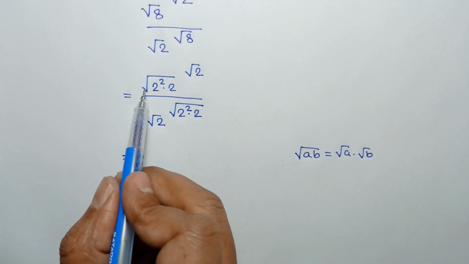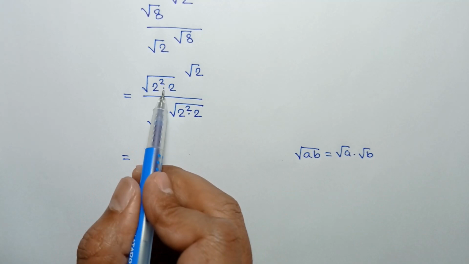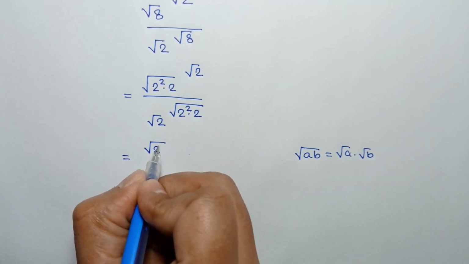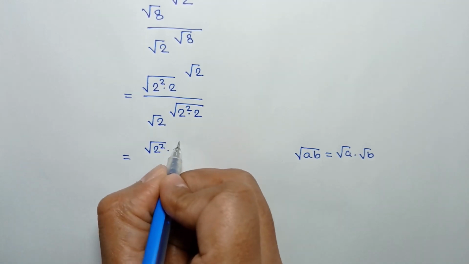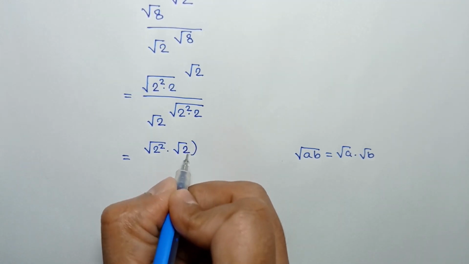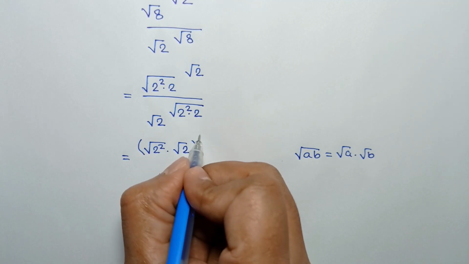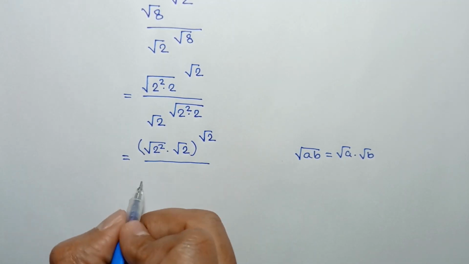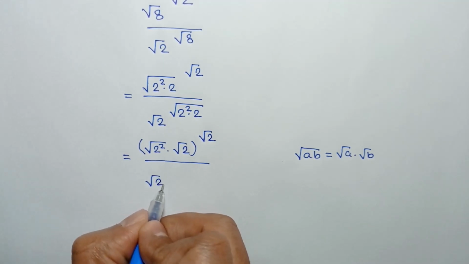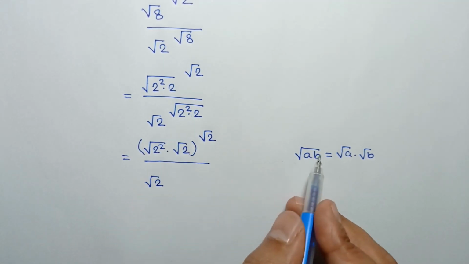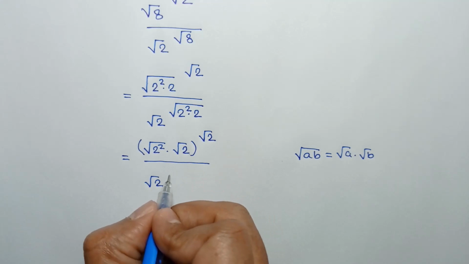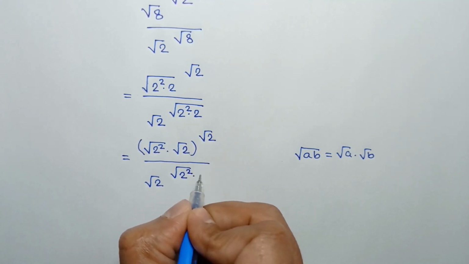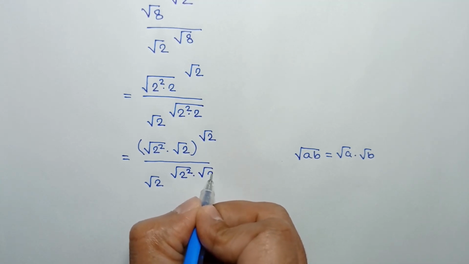We can write it as √(2² × 2) as √(2²) times √2, whole to the power this √2, over √2 to the power, according to this formula it can be written as √(2²) times √2.